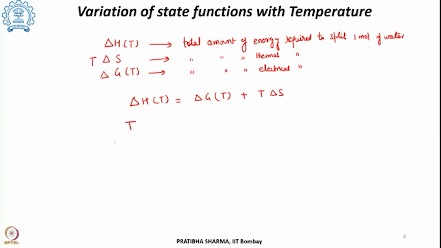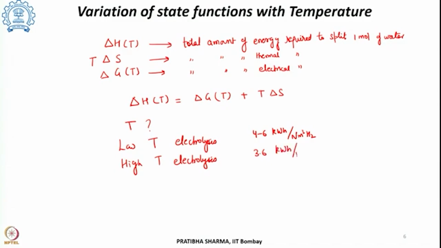So, if we look at low temperature electrolysis, like the polymer electrolyte membrane based electrolysis or alkaline water electrolysis, that we will see in more detail later, the energy requirement is roughly about 4 to 6 kilowatt hour per normal meter cube of hydrogen being produced. While for high temperature electrolysis, this energy demand is about 3.6 kilowatt hour per normal meter cube of hydrogen being produced.